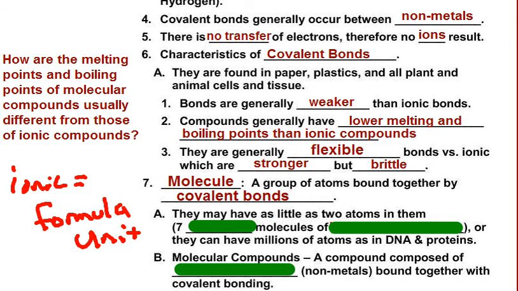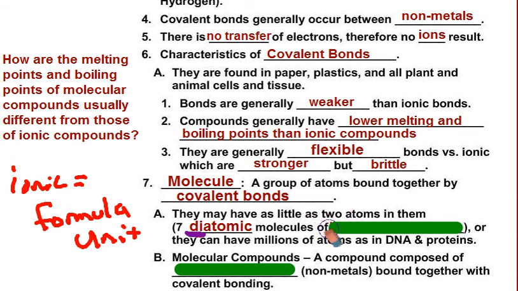Now, they may have as little as two atoms in them. For example, there are 7 diatomic molecules. So what do you think diatomic means? Di means two here. Diatomic would be two atoms.